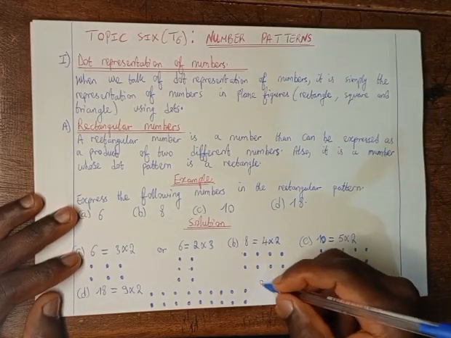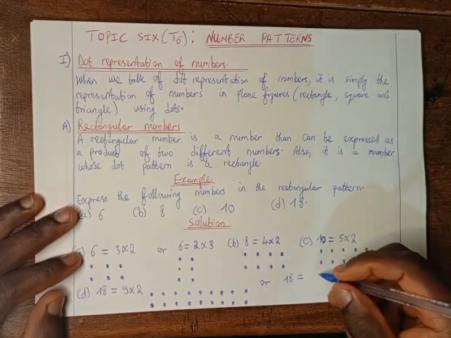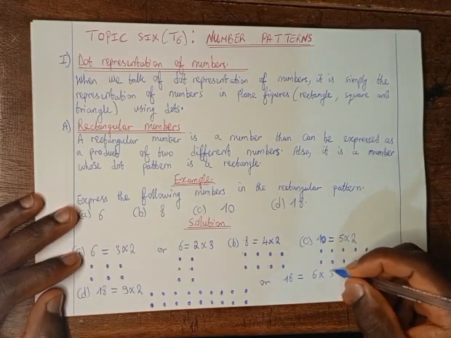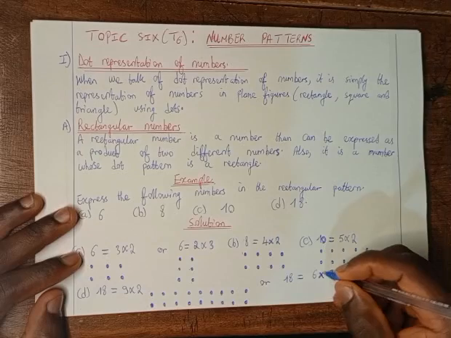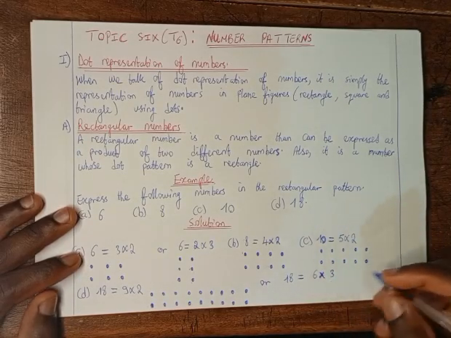Or, the number 18, you can express 18 as 6 times 3. In this case, it simply means that the length has 6 dots and the width has 3 dots.